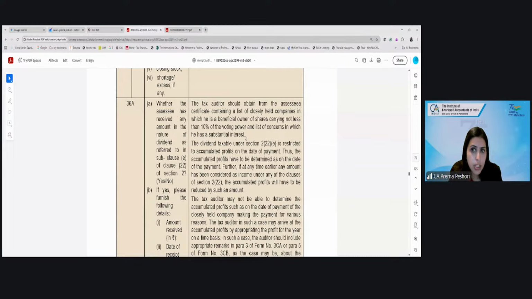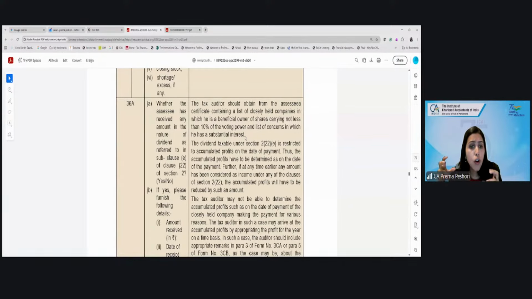And with respect to ascertaining whether the assessee has any deemed dividend or not, he needs to obtain from the assessee a certificate with respect to the list of the closely held companies in which he is a beneficial owner of shares, where he has not less than 10% of the voting power, or the concerns in which he has a substantial interest, more than 20% voting power or profit sharing.